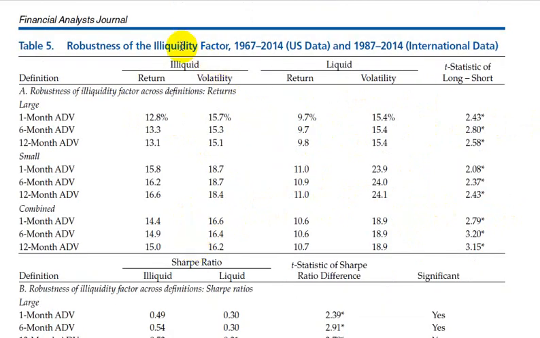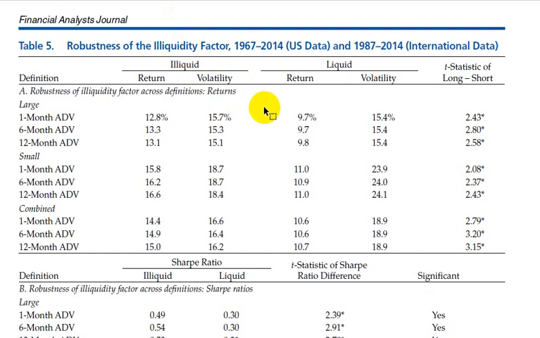Next, we have the illiquidity factor. The illiquidity factor is somewhat related to the small cap or the size factor as well, where small stocks are most likely the more illiquid stocks as well.